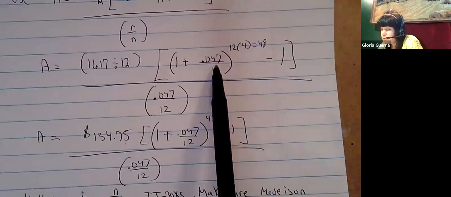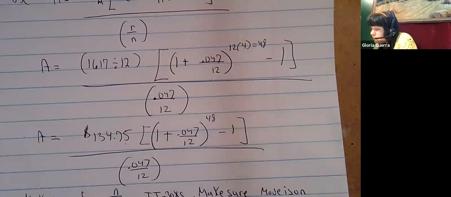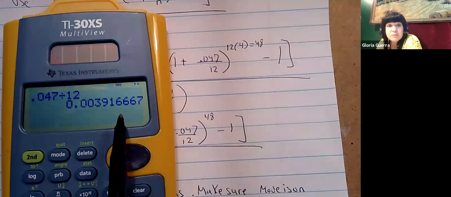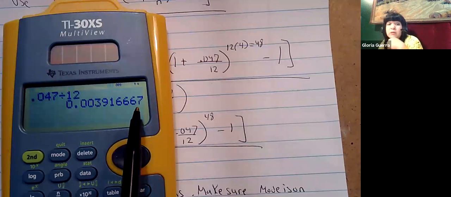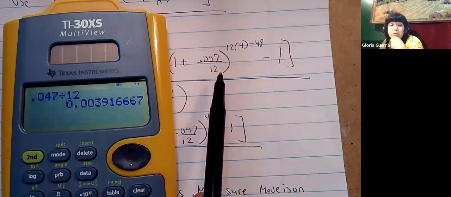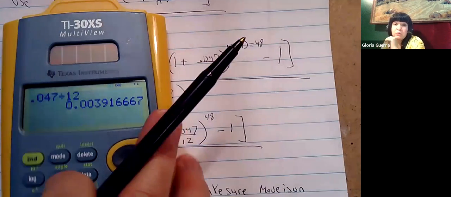This part doesn't terminate. If I do 0.047 divided by 12, see how that's repeating? So you cannot terminate this on your own, because then you're going to have round off error. So you've got to work with that entire amount.